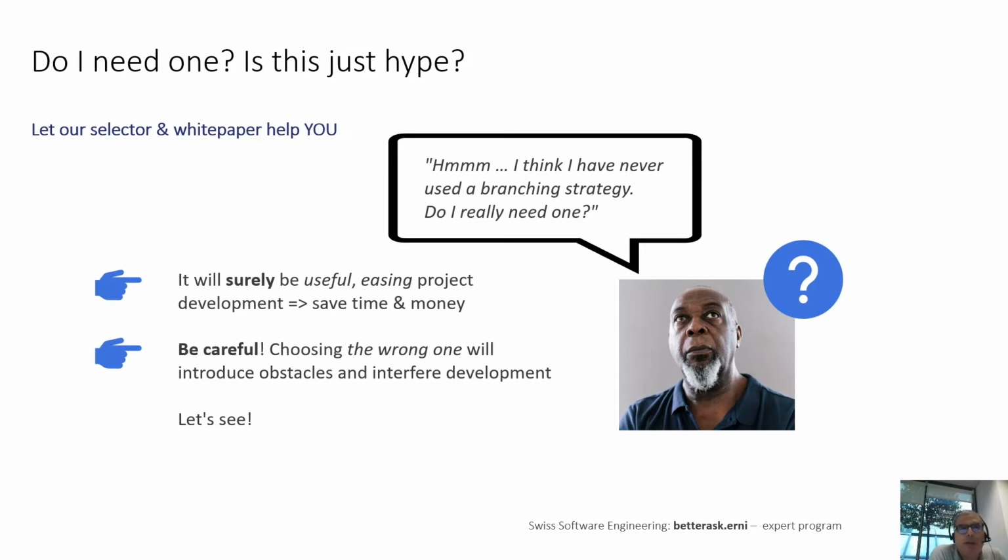The answer is it will probably be useful. Your project development will be easier, and in the end, the company will save time and money. But you also have to be very careful, because if you choose one just for the sake of having one, or the most trendy strategy, this one is very famous now, if you choose the wrong one, it will introduce obstacles and will interfere with your development. Okay, so let's see.